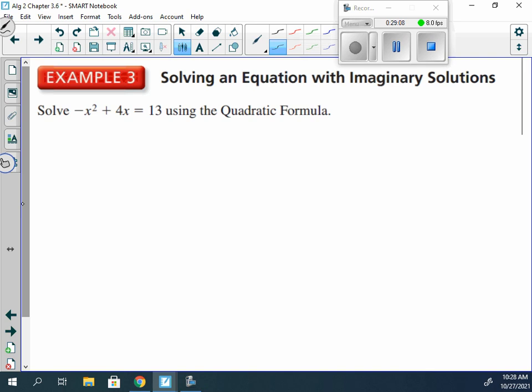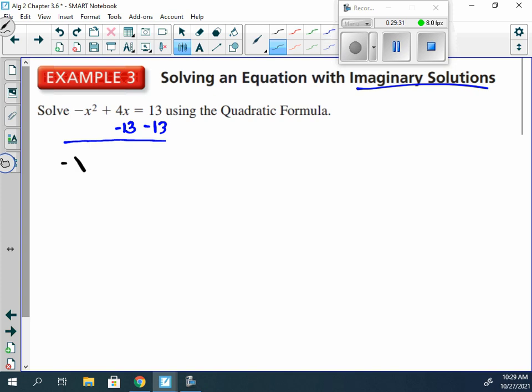Let's definitely do this one, for 2 reasons. 1, we're going to have imaginary solutions, and 2, the value of a is negative. I want to show you an example of this here. Now the first thing we can do is we need to get this thing equal to 0.